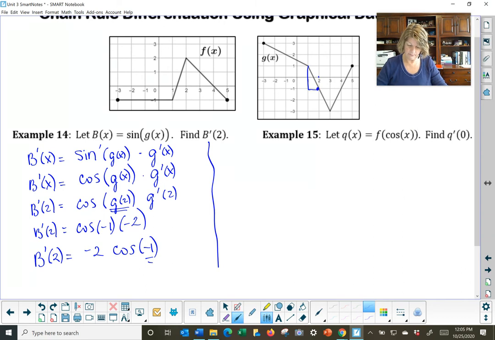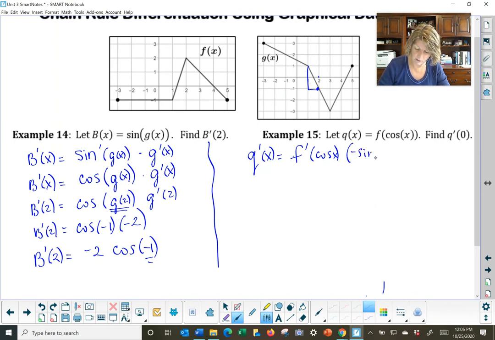So, next one. F of cosine. Derivative of the outer, right? Q prime of x. Derivative of the outer will be an f prime of cosine x times the derivative of cosine x. And the derivative of cosine x, use a parenthesis so it doesn't look like you're just simply subtracting sine x. Now, we want to evaluate at 0.